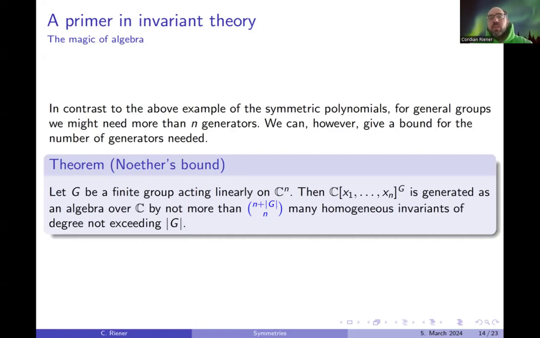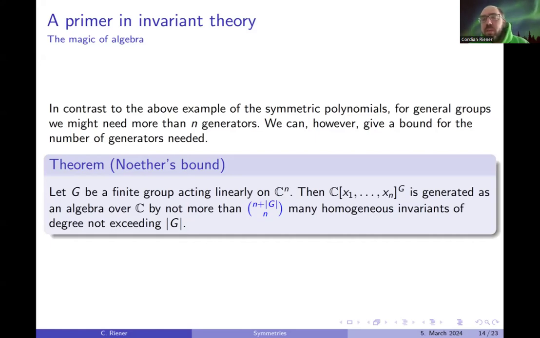So just for the sake of sanity, let's forget the previous result that we knew about the symmetric polynomials and just plug in the numbers for our group, the symmetric group, maybe of order 4. So we would have n equals 4.